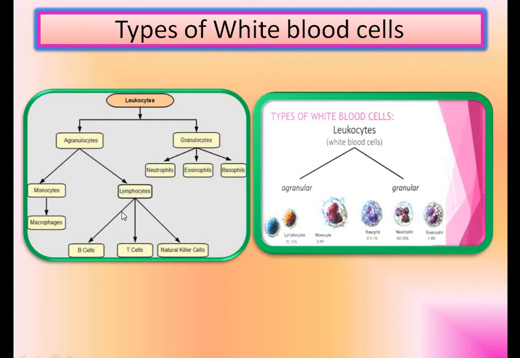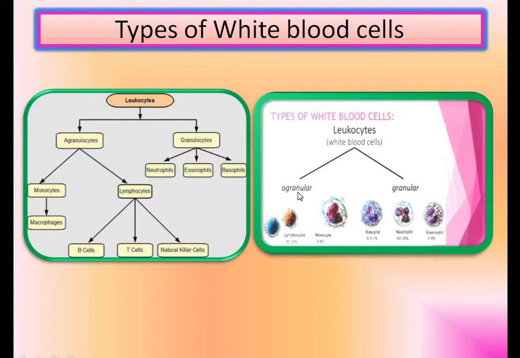Lymphocytes are again differentiated into B cells, T cells and natural killer cells. This is the diagrammatic representation of leukocytes, that is types of white blood cells.